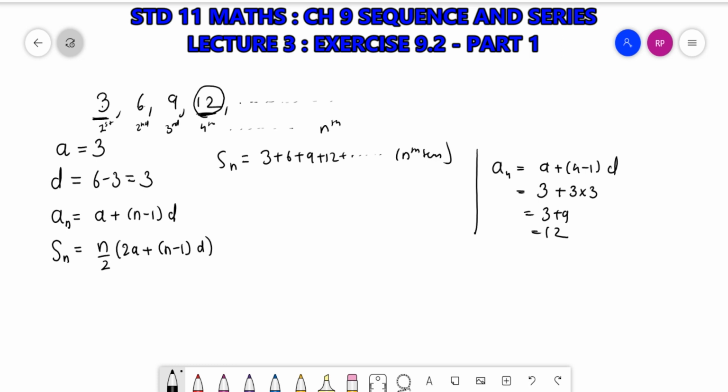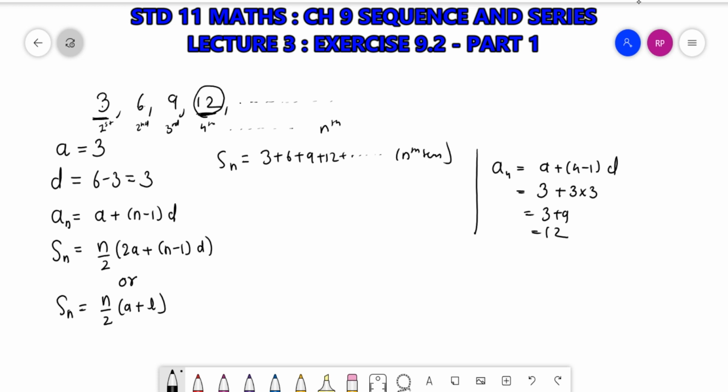This is the formula for the sum of n terms. There is also another formula, if you know the last term: n by 2 into a plus l, where a is the first term and l is the last term.